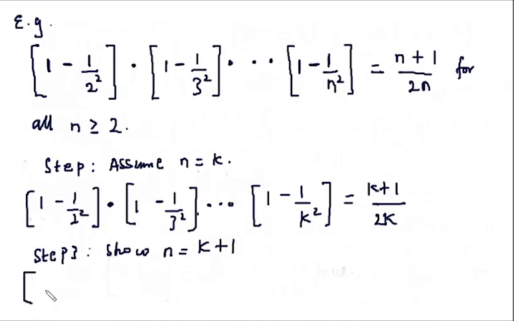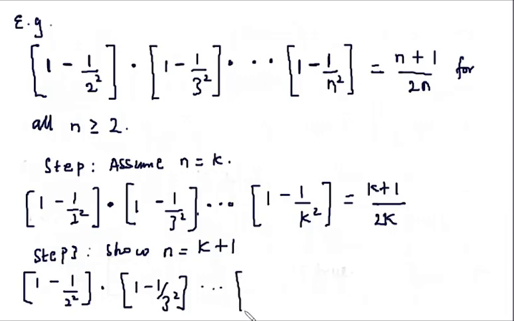This is 1 minus 1 over 2 squared times 1 minus 1 over 3 squared, and then on up to our kth term, which is 1 minus 1 over k squared. For our k plus 1 term, we know that this is 1 minus 1 over k plus 1 squared.